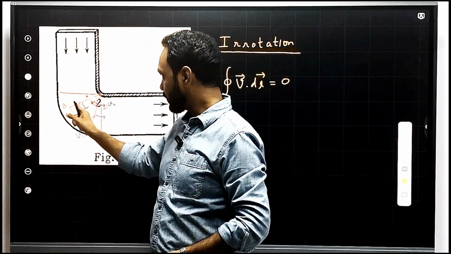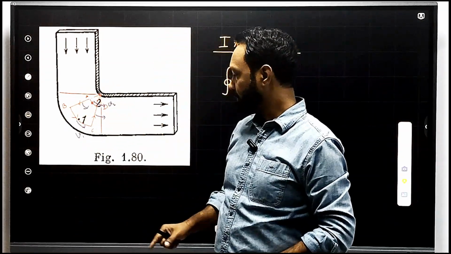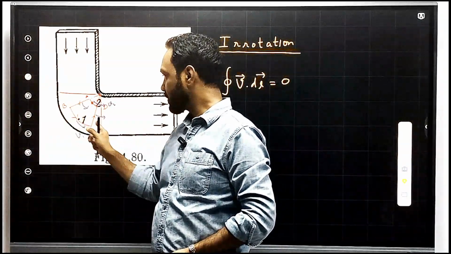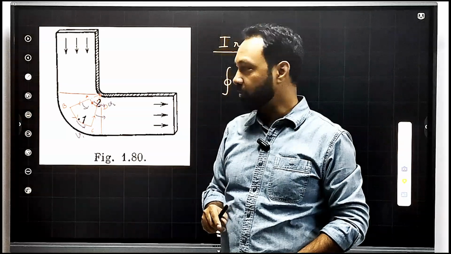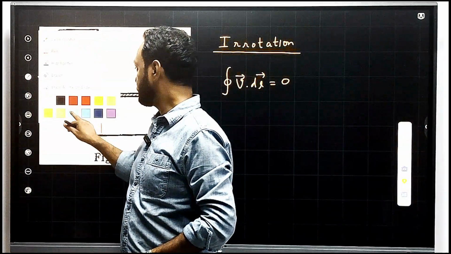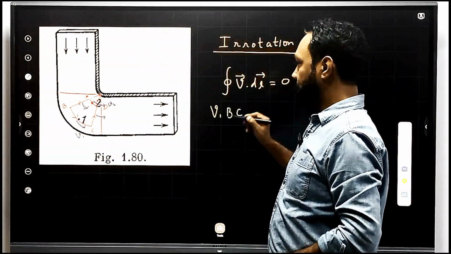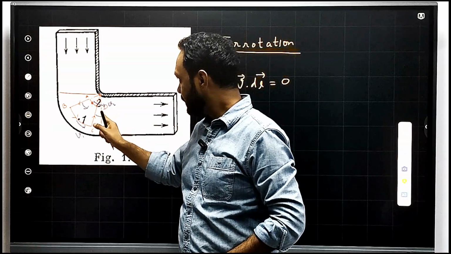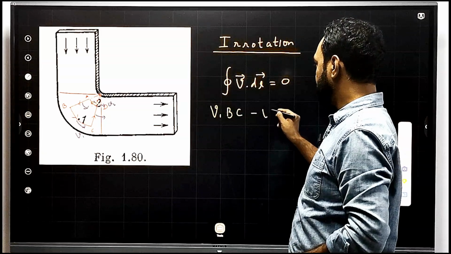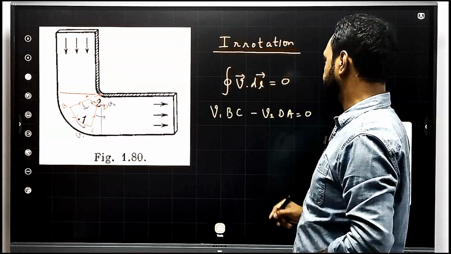You see that the dot product v dot dl on AB and CD would be 0, and v dot dl on BC, so the velocity vectors are parallel to BC, will be simply v1 into BC. So that would be v1 BC, and here v2 is opposite to the element dl here, so that will be minus v2 into dA, and that whole thing is 0.